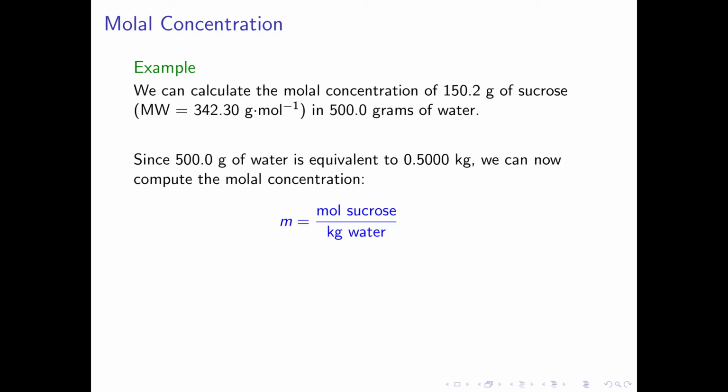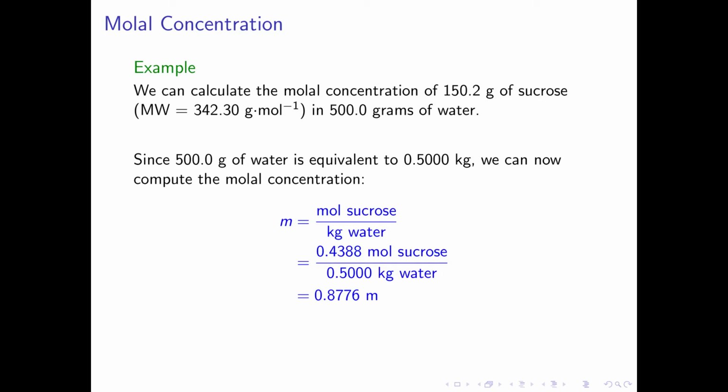The 500 grams of water is equivalent to 0.5000 kilograms, and so we can now compute the molal concentration. This is equal to the moles of sucrose divided by the kilograms of water, or 0.4388 moles of sucrose divided by 0.5000 kilograms of water, which gives a molal concentration of 0.8776 molal.